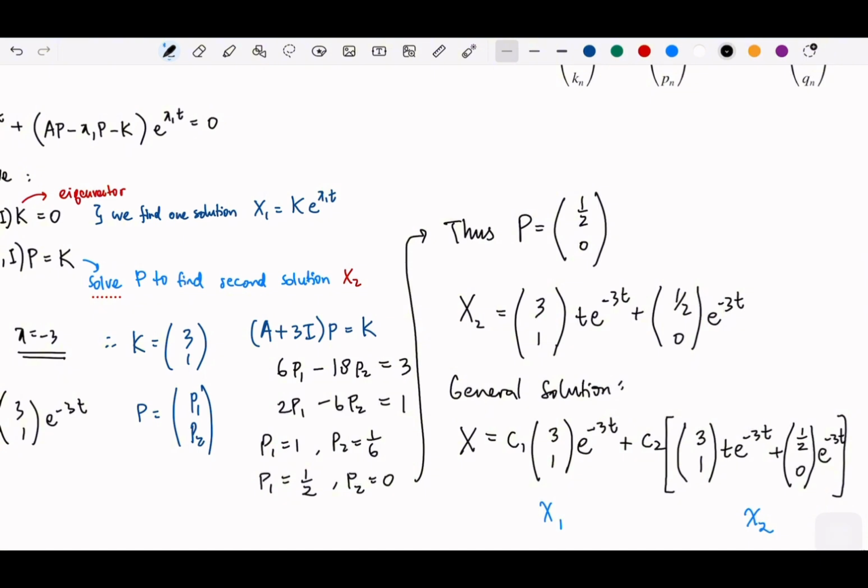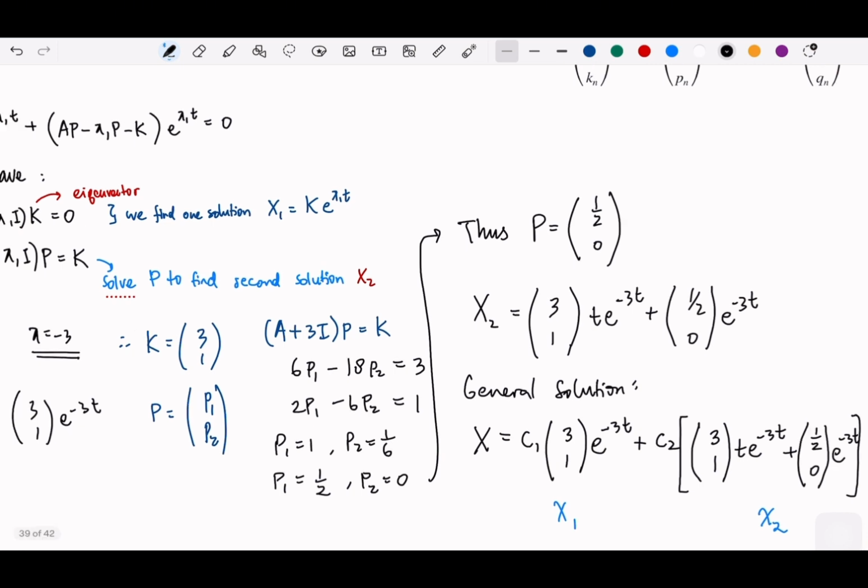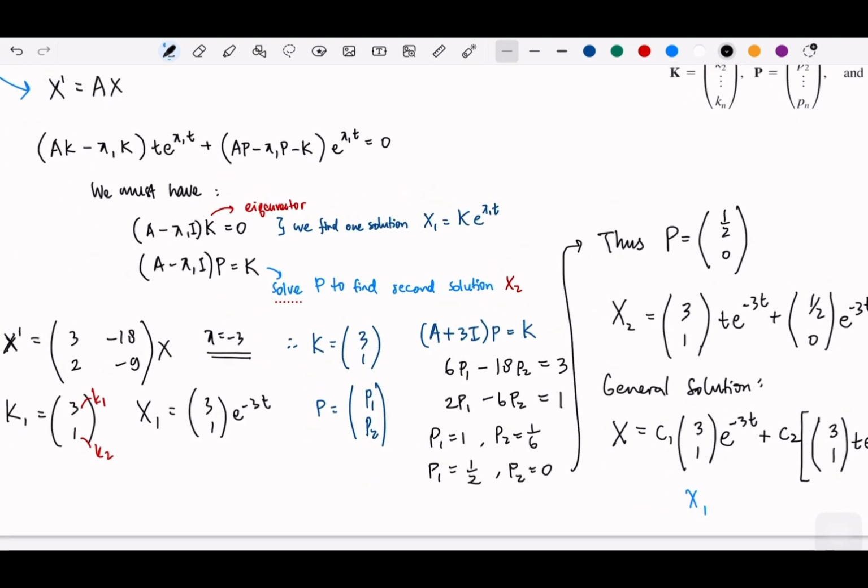So this is only for the 2 by 2. If we have 3 by 3, then we need to add another factor. The additional factor is P, and if we need to solve the 3 by 3, then we add another factor Q. But basically, the algorithm will be very similar.